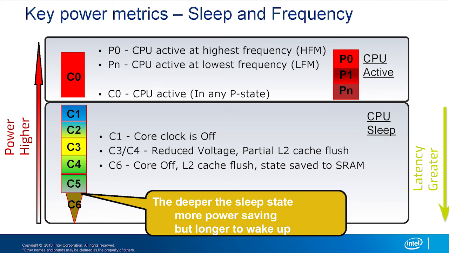So the C states are the power states for the core. C0 is the active state, and anytime you're in C0, then the P state is going to be executed. The higher the C state number, the deeper sleep that core will go into.